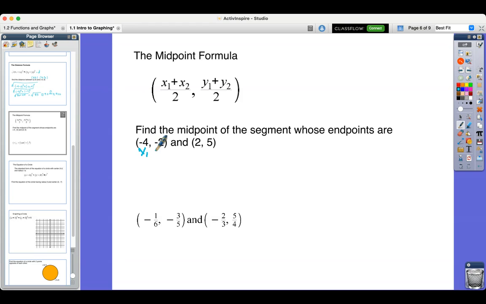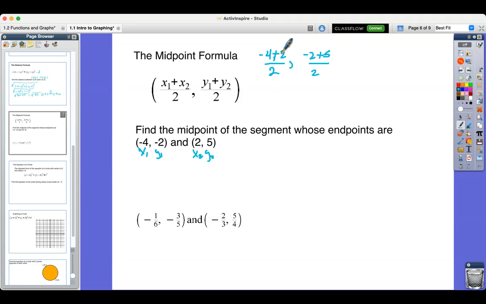So let's plug those in. We put (-4 plus 2) over 2, comma, and then (-2 plus 5) over 2.